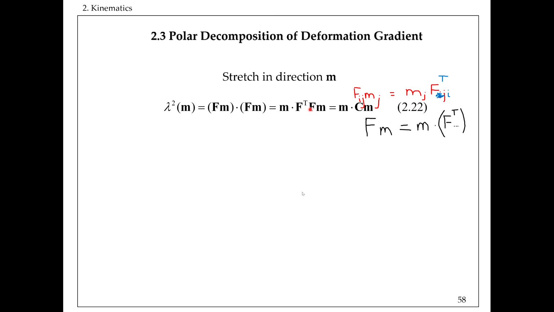In the final step here, we just introduced a new measure. We said, okay, let's call this f transpose f, let's call it C, and we'll give a name to that: it is called the right Cauchy-Green tensor. So this is a right Cauchy-Green tensor.